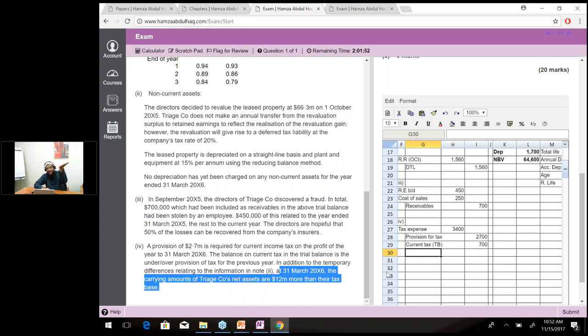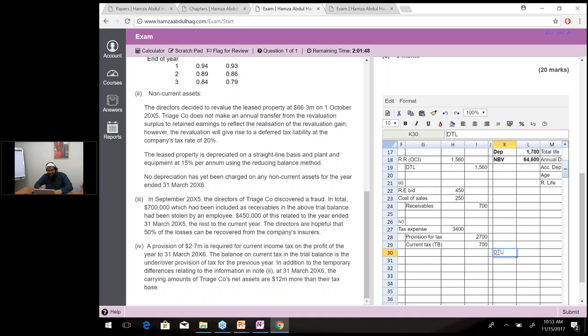So the carrying amount is higher, which means that this would result in a deferred tax liability. If the carrying amount is higher and the tax base is lower, this would result in a deferred tax liability.